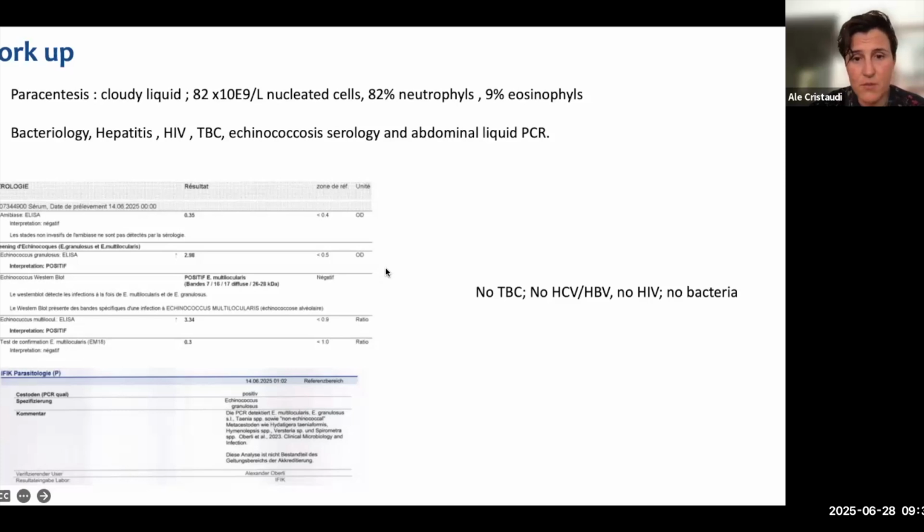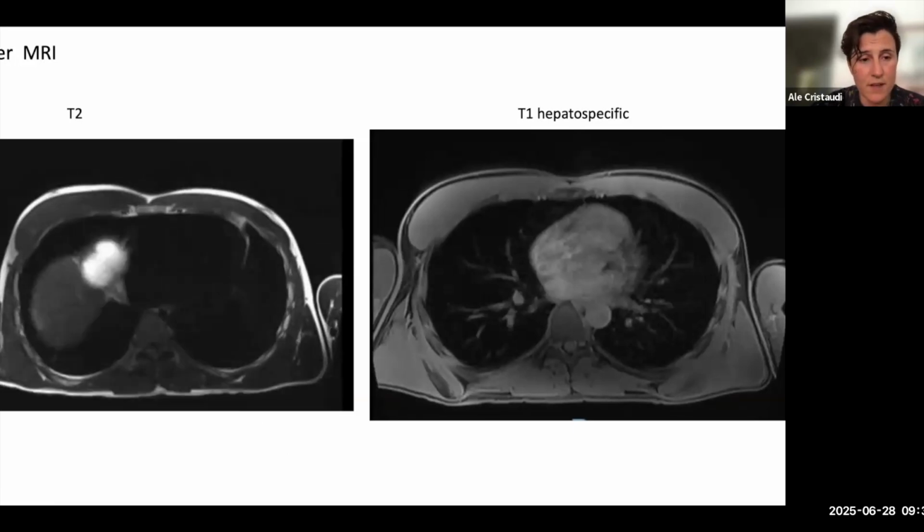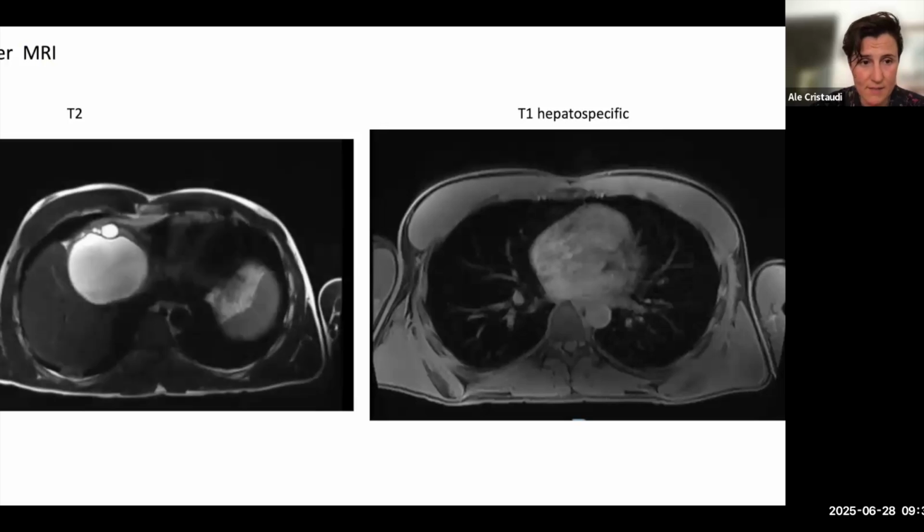So no TBC was found, no hepatitis, no HIV, and no bacterial infection, but a positive Echinococcus granulosus on the serology and on the liquid. So actually they completed the workup with an MRI. We weren't aware of this case at this moment.